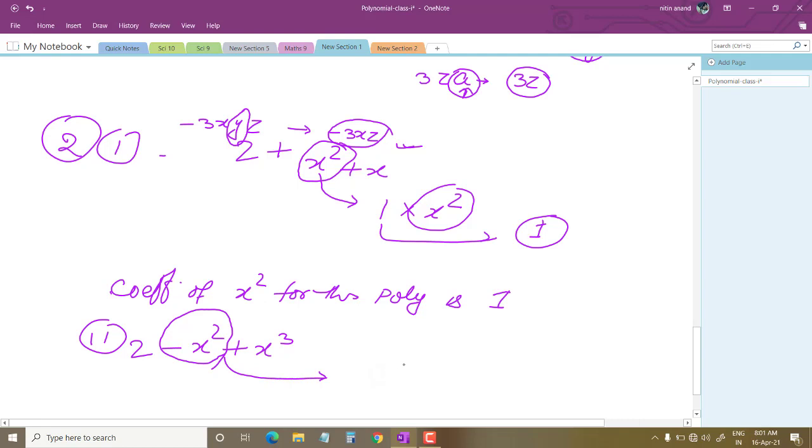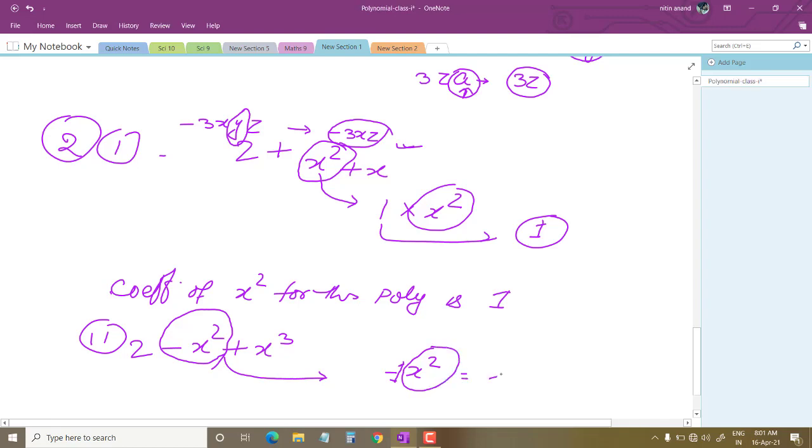This has minus x square, so we can write 1 before the x square, because if we multiply 1 with any number, there is no effect on the number. This is minus 1 x square. So the coefficient of x square will be minus 1.